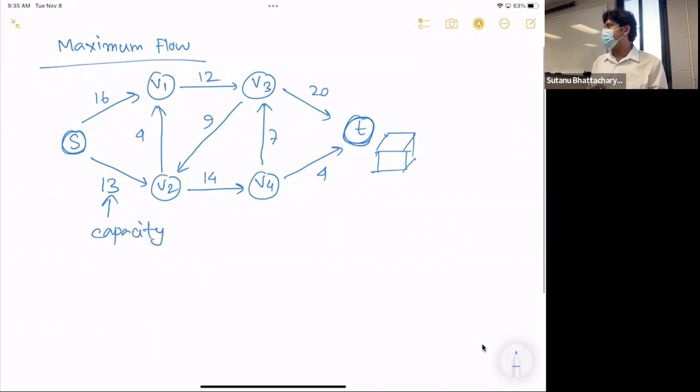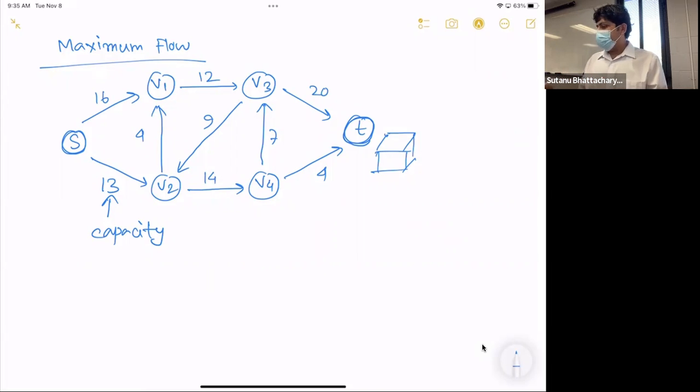It represents the capacity of a pipe. That means this edge from S to V2 can carry 13 gallons of water at a time. That is the maximum capacity. So all these edge weights are capacities; in the case of shortest path, it was cost.